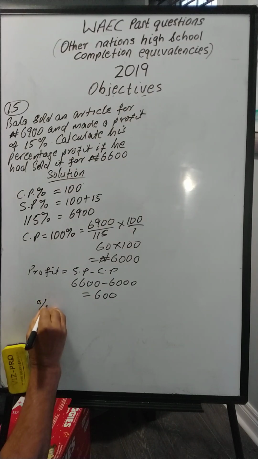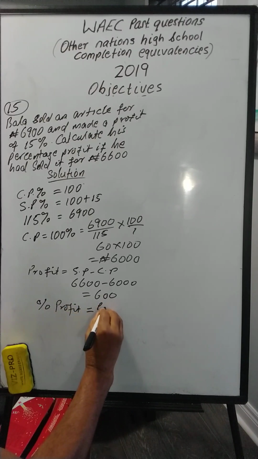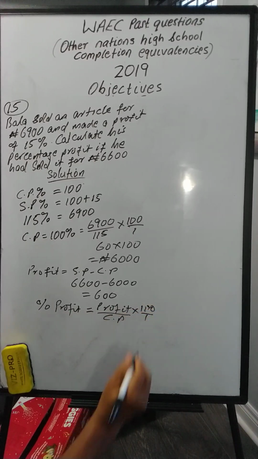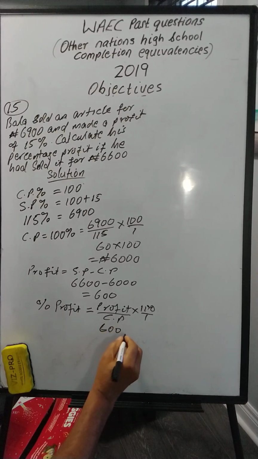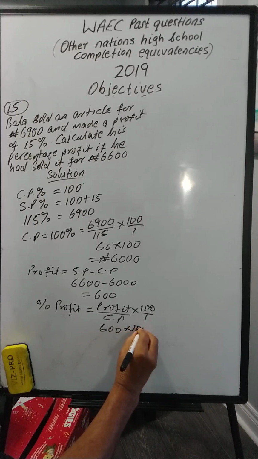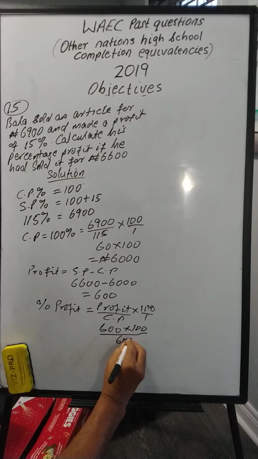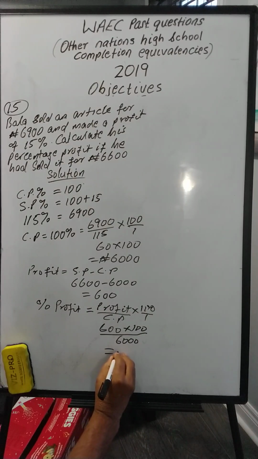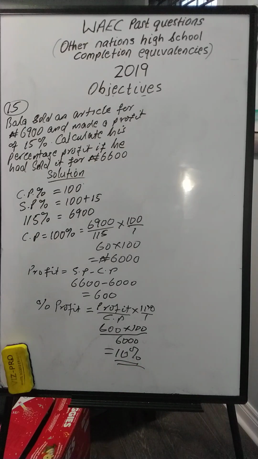Then percentage profit, which is profit over cost price times 100 over 1. That is 600 times 100 over the cost price, 6,000. That will result to 10%. Option B.